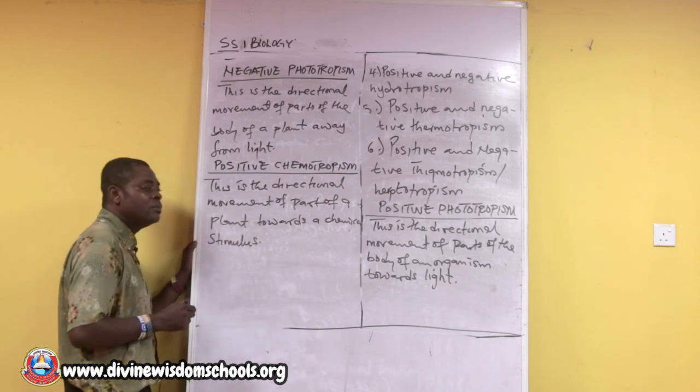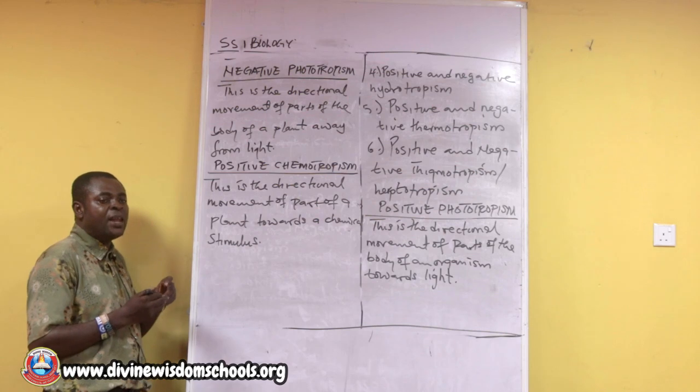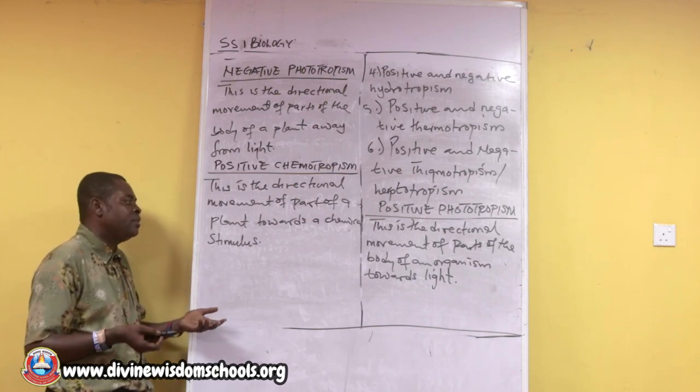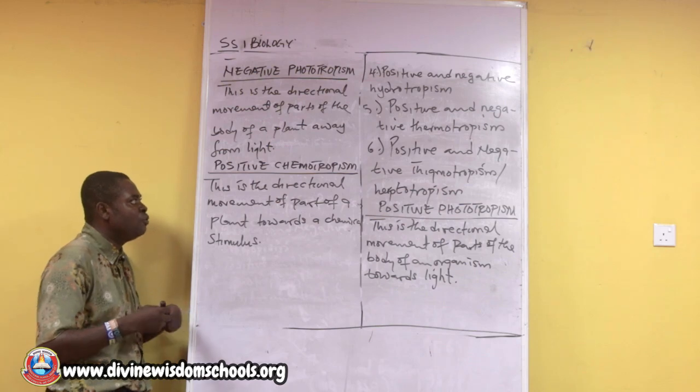For example, the growth of the root of the plant towards soil nutrients. Soil nutrients are chemical. That is positive chemotropism.